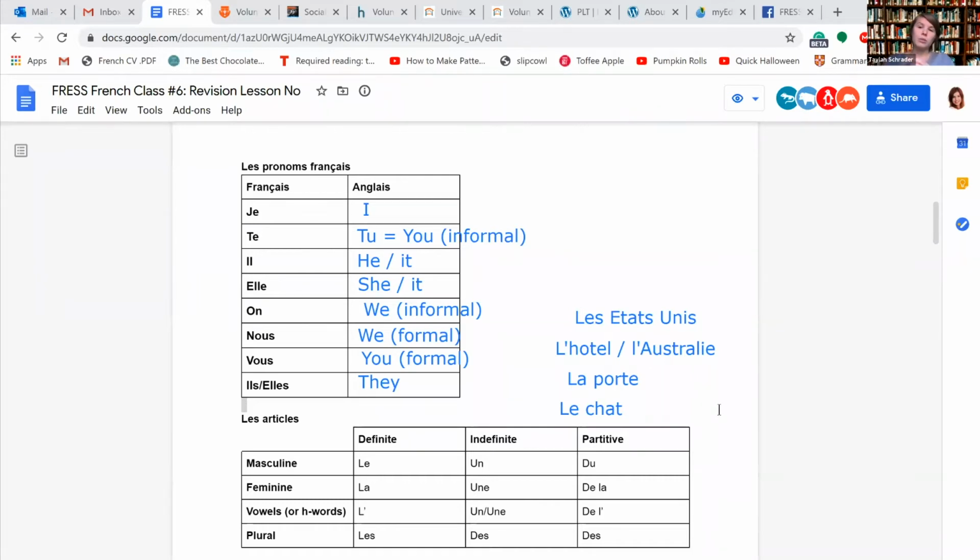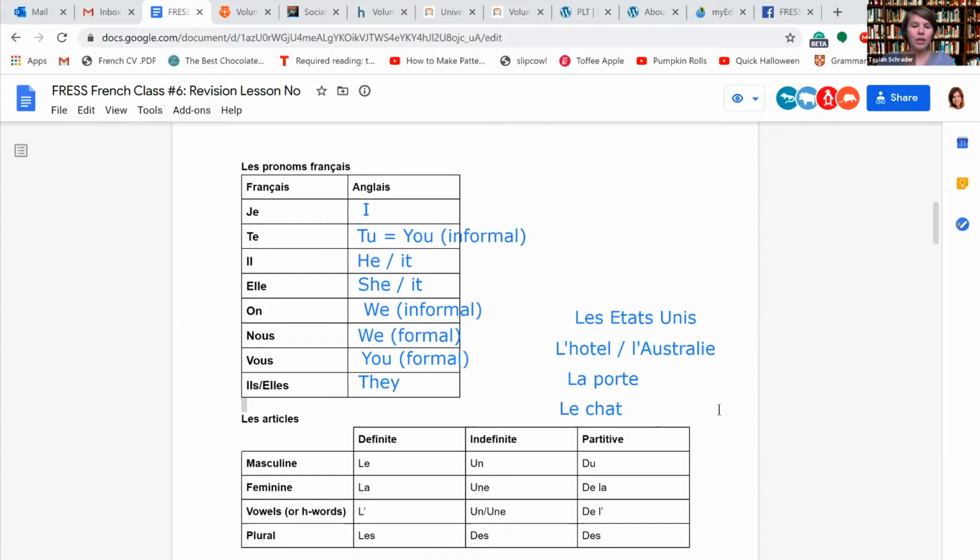You're talking about a specific object, and you want to use an article to indicate that that is the object. Then you have indefinite articles.